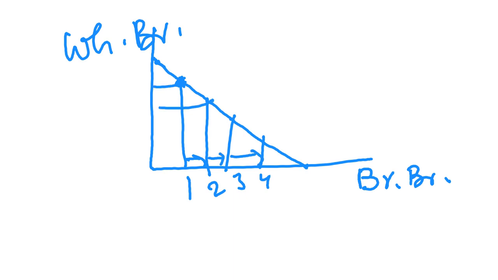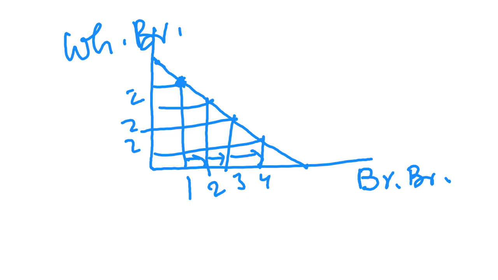Let's take 2. Are you getting my point? Every time you produce one additional brown bread, you have to give up 2 white bread. It could have been one white bread, it could have been half a white bread, but the number is constant.